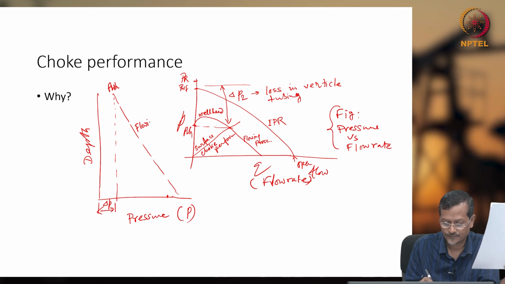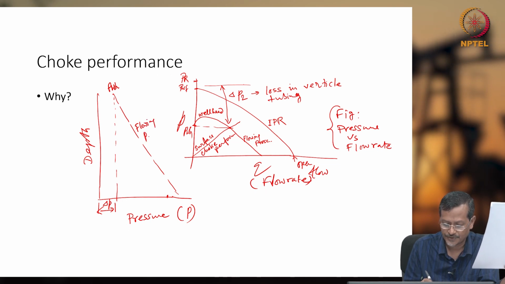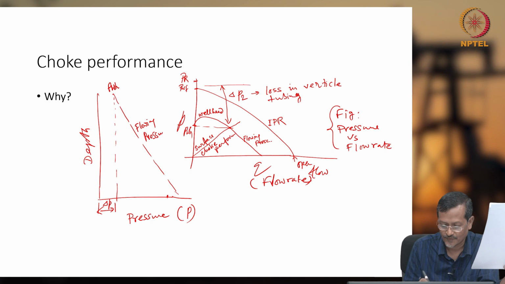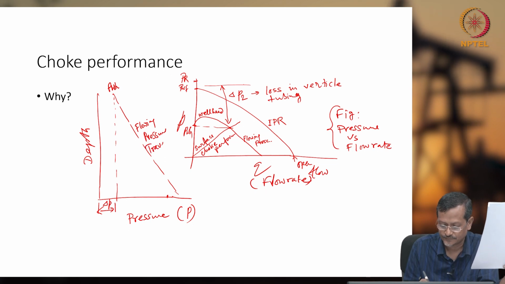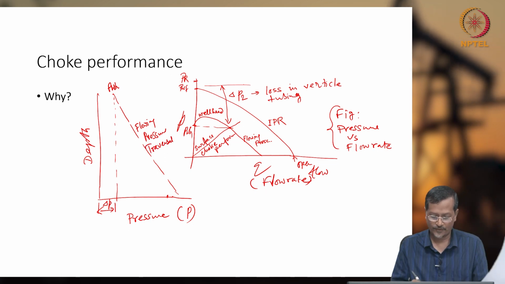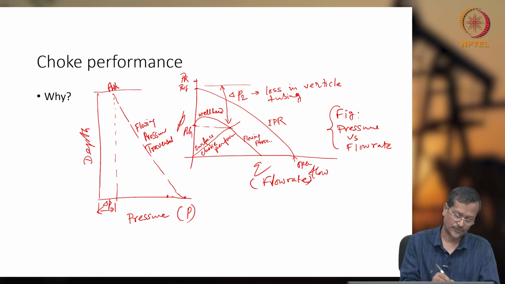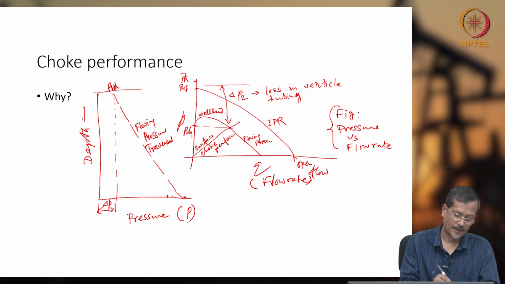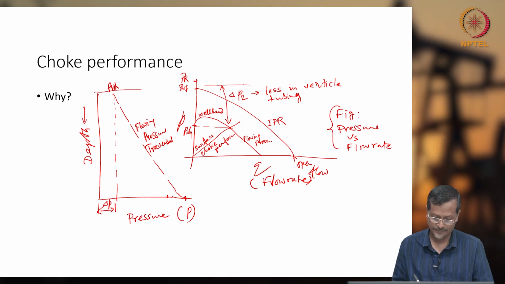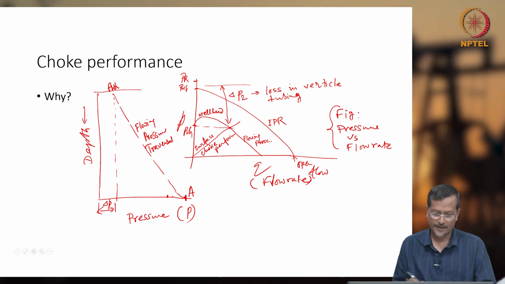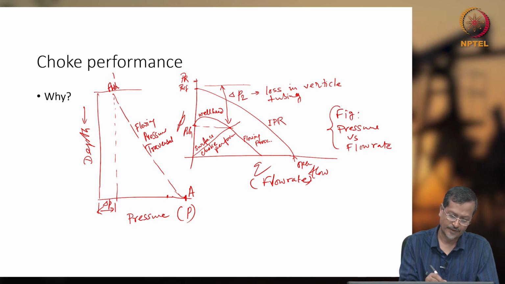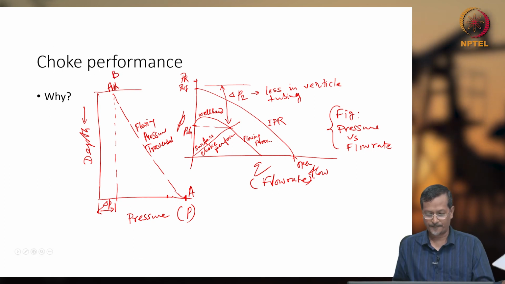So if you are increasing depth from surface to wellbore, you can see how this pressure is changing. Initially pressure is very high at this point A, then slowly pressure is going down and it is reaching B, or the wellhead.